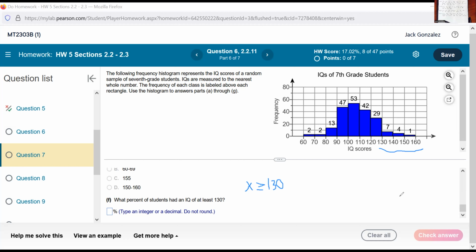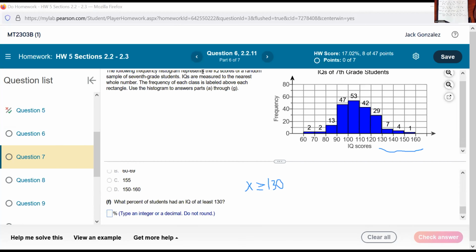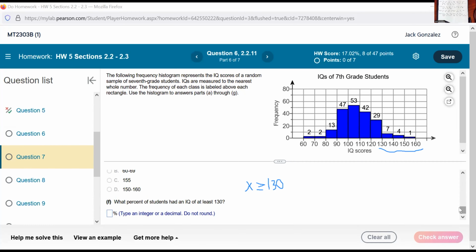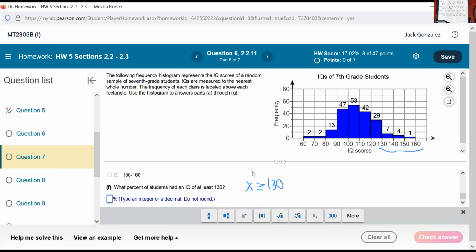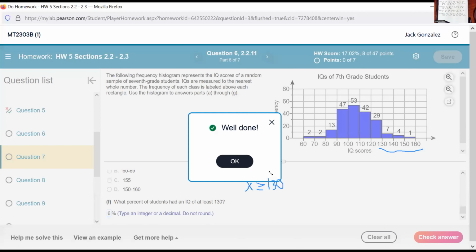But this is not just one category, it's everyone above 130, so 7 plus 4 plus 1 is 12, divided by total, which we said was 200. People measured, what did they say? I don't remember. Yeah, 200. So what is 12 divided by 200? 6%. Yep.